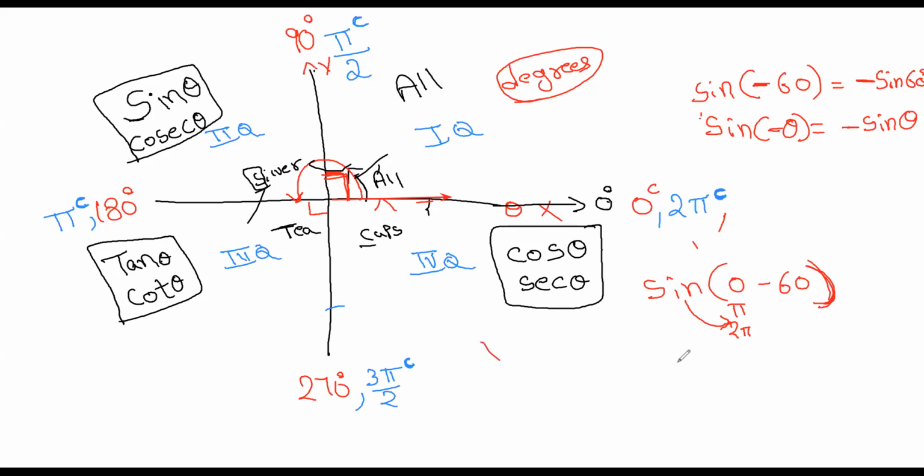It will be as it is, so sine 60. Now we have to know in which quadrant it is lying. It is in the fourth quadrant. In the fourth quadrant, sine is negative. That's why minus. Understood this one: sine of minus theta is minus sine theta.